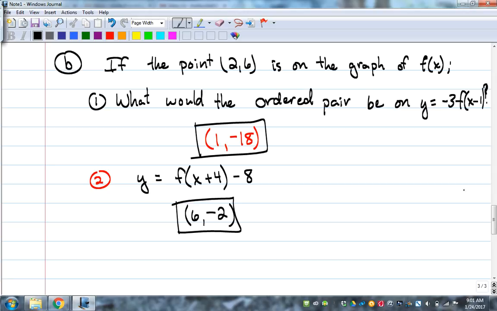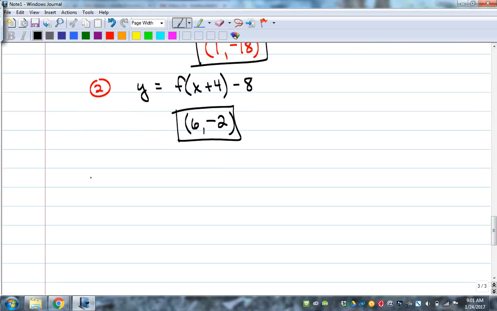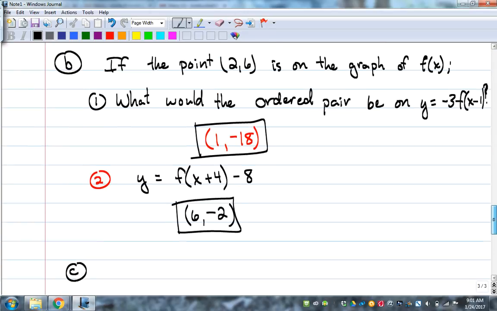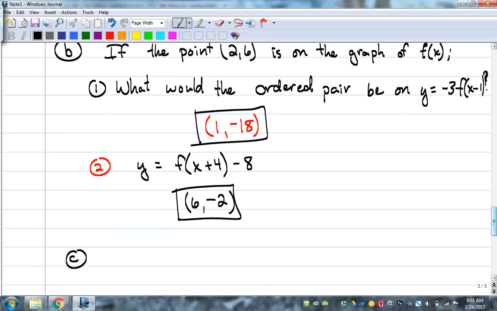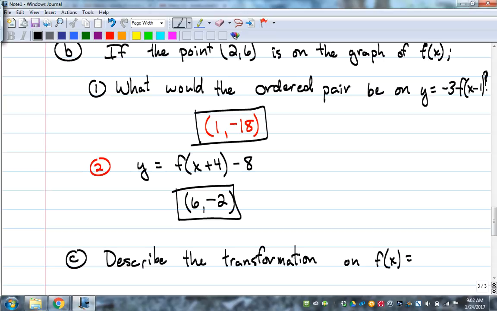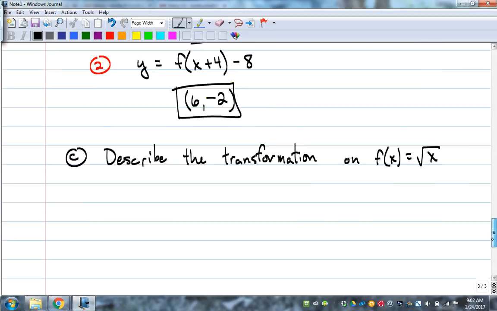All right. Let's look at the last example of the day. Or examples. Let's describe the transformation on f of x equals the square root of x.